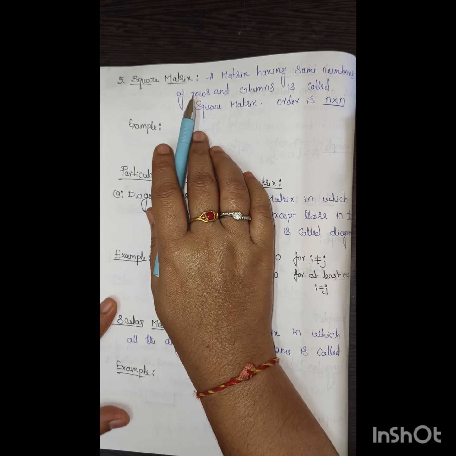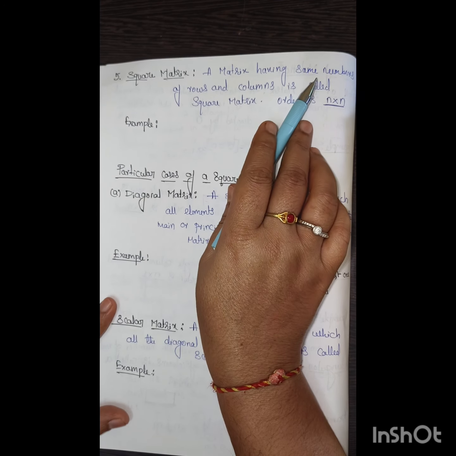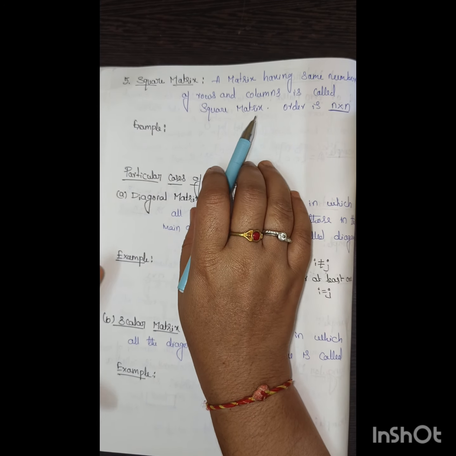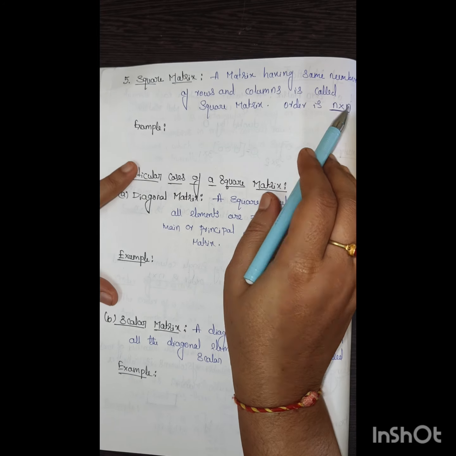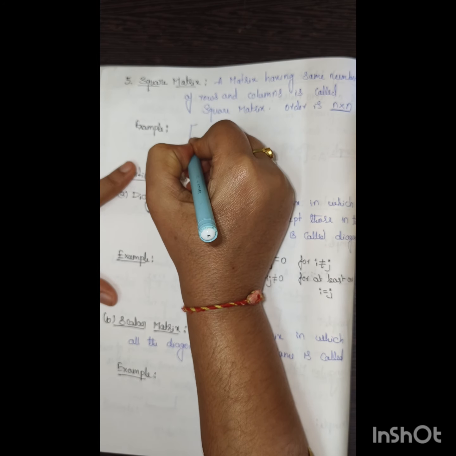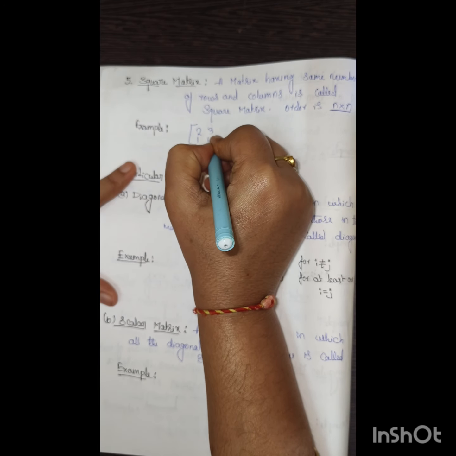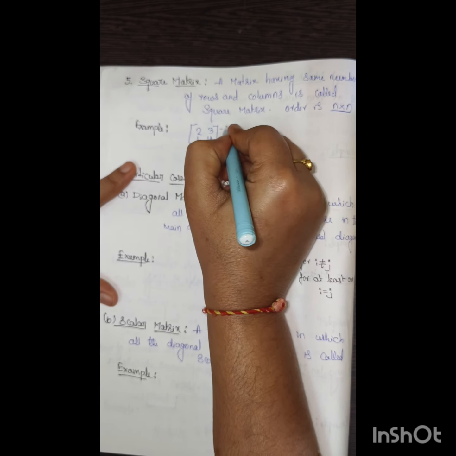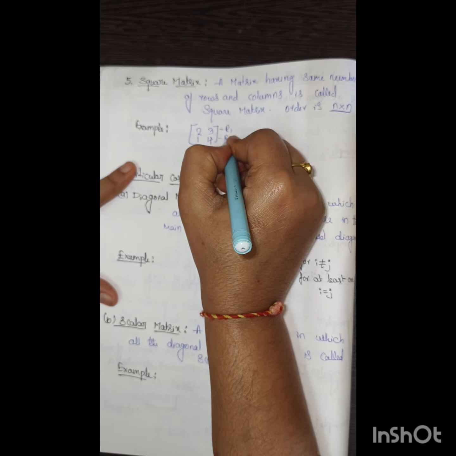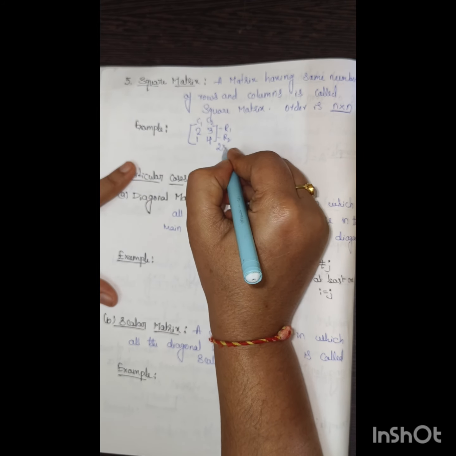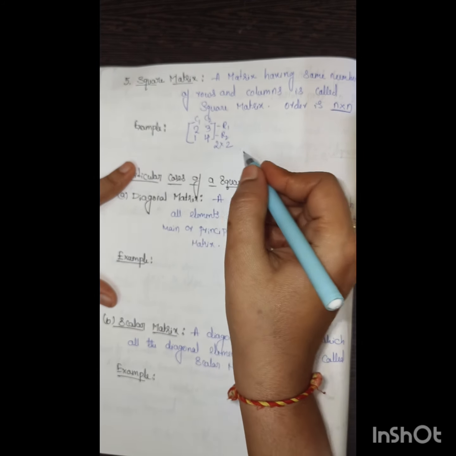Square matrix. A matrix having the same number of rows and columns is called a square matrix. Square matrix means the number of rows should be equal to the number of columns. So if I take 2 rows, compulsorily we should take 2 columns here. So row 1, row 2 and columns also 2, C1, C2. So here the number of rows equals the number of columns, so it is called a square matrix.